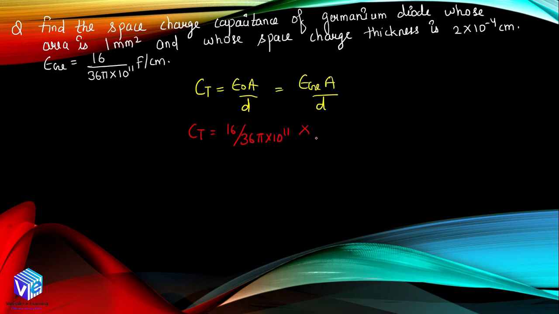The area is 10 raised to power minus 2, and upon the distance, the thickness, which is 2 into 10 raised to power minus 4. You can simply solve it, and you will get the answer equal to 70.73 picofarad. So this is my capacitance.